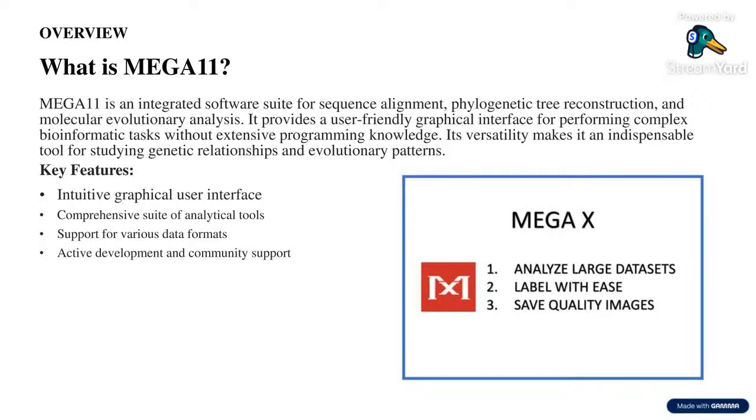What is MEGA 11? MEGA 11 is a complete cross-platform software suite designed for bioinformatics research in the fields of biology, genomics, and systematics. It allows us to align DNA, RNA, and protein sequences, reconstruct trees, and estimate parameters like divergence time and genetic distance.